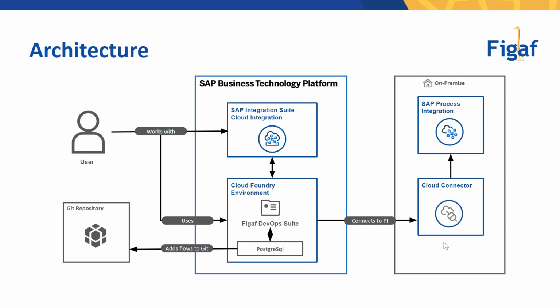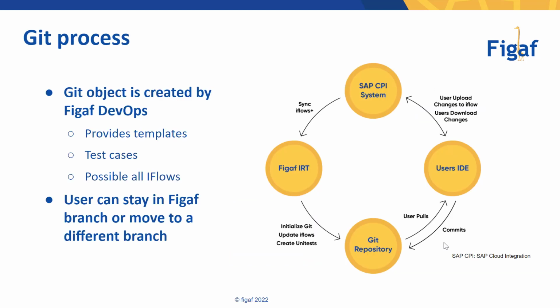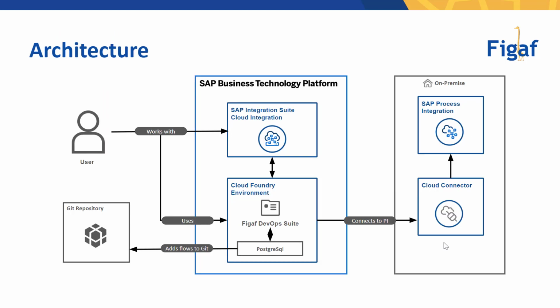Just know that it is the same capabilities as we show here, but also for a PI environment. Good. And you can deploy it in Cloud Foundry here in BTP, but you can also deploy it in your own hyperscaler or on your own on-premise system.